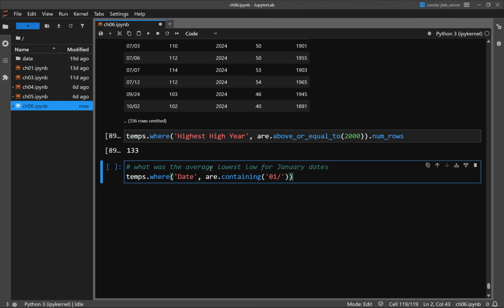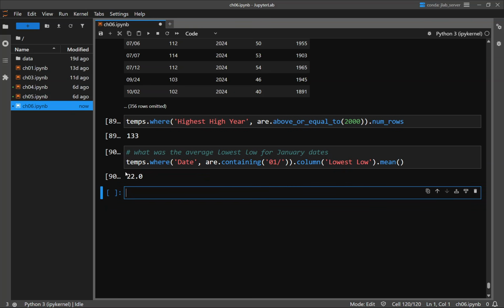And so here's every January date. Give me the lowest low because it's cold in January. And the average lowest low in January was 22 degrees, so below freezing, 10 degrees below freezing. Crazy. And so, yeah, these are fun questions. And there's plenty more where that came from, of course.